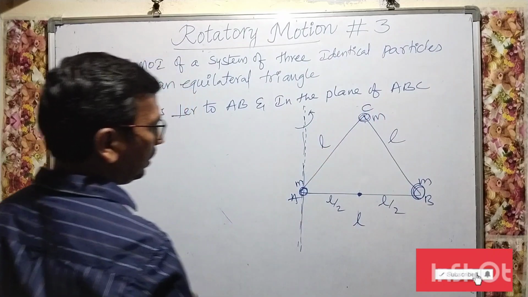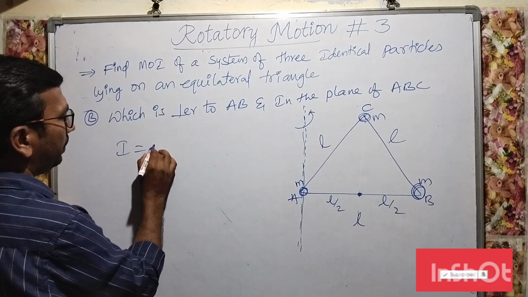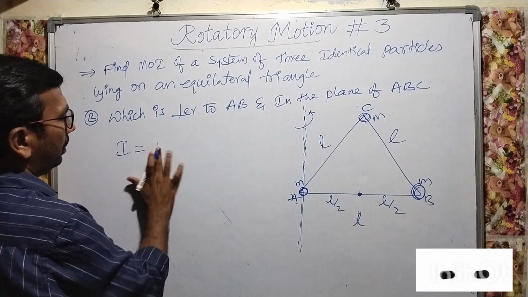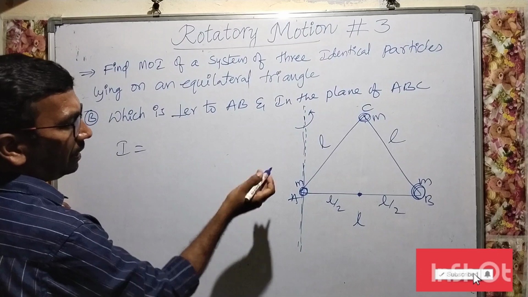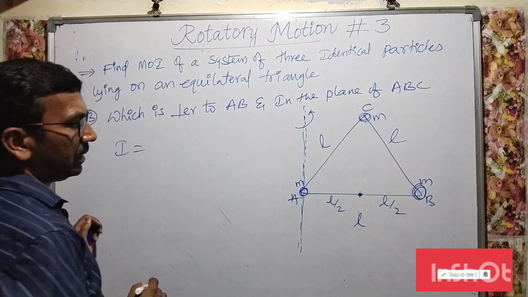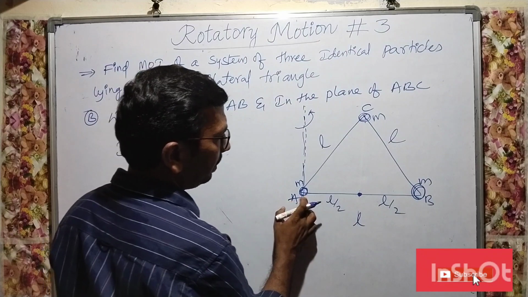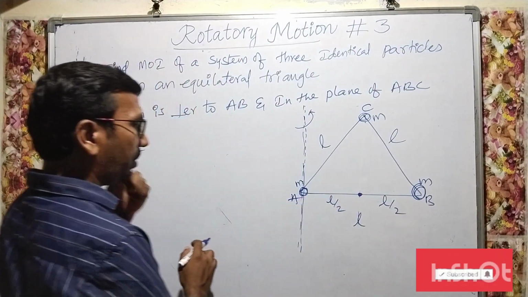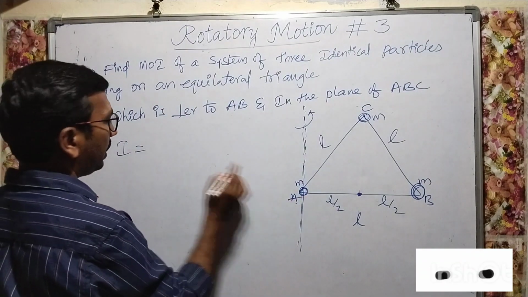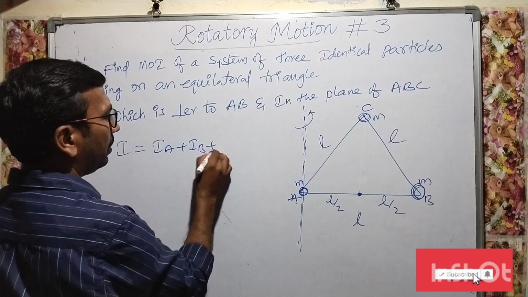This is point C. So I is equal to I1 plus I2 plus I3. Moment of inertia of the particles: IA plus IB plus IC.